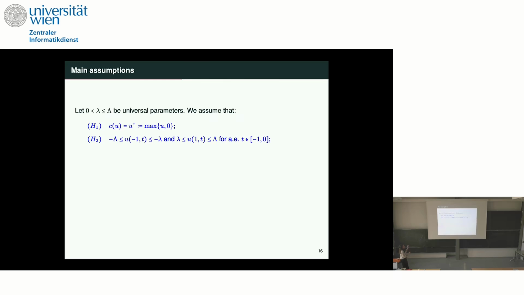Next, we assume that on the boundary, at x equals -1 and at x equals 1, u on the left is bounded by these negative constants, and on the right, u is bounded by these positive constants, universal constants. And then the initial data, we also assume it's bounded by lambda, and it satisfies this condition: the positive part is 0 for x negative, and then it's positive for x positive.